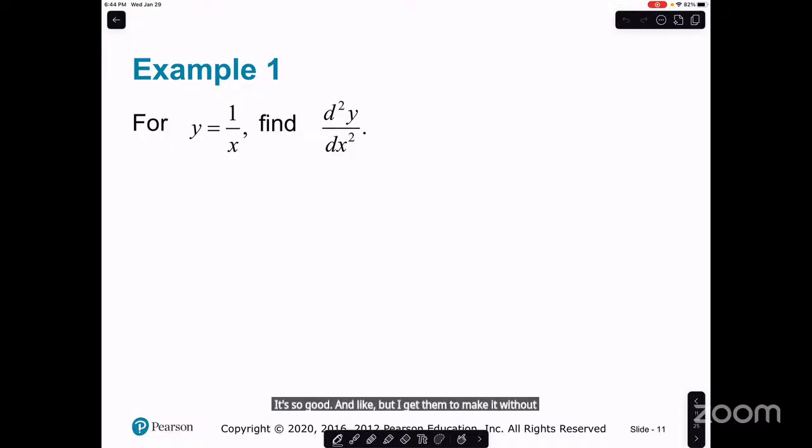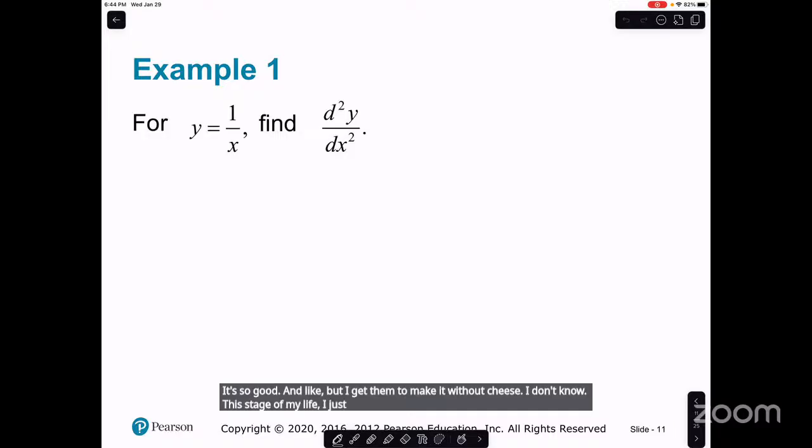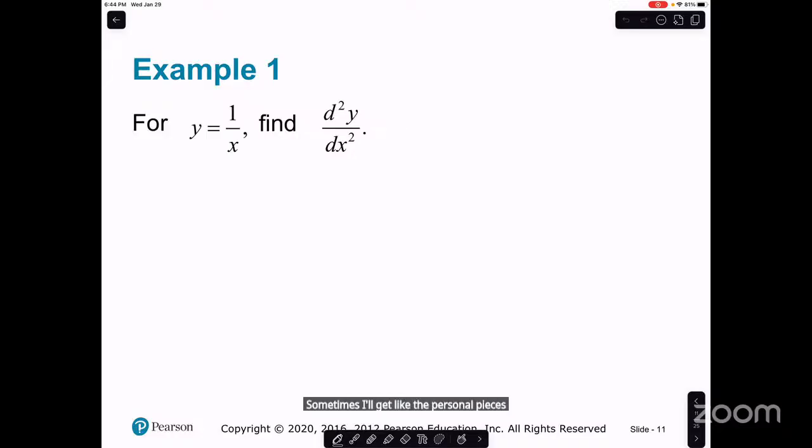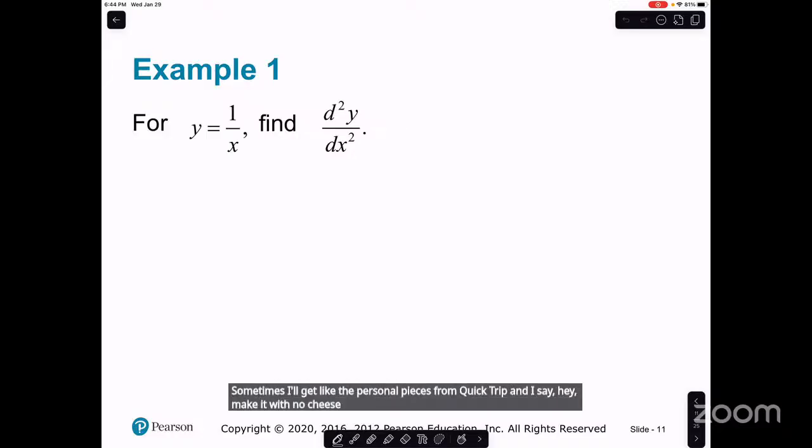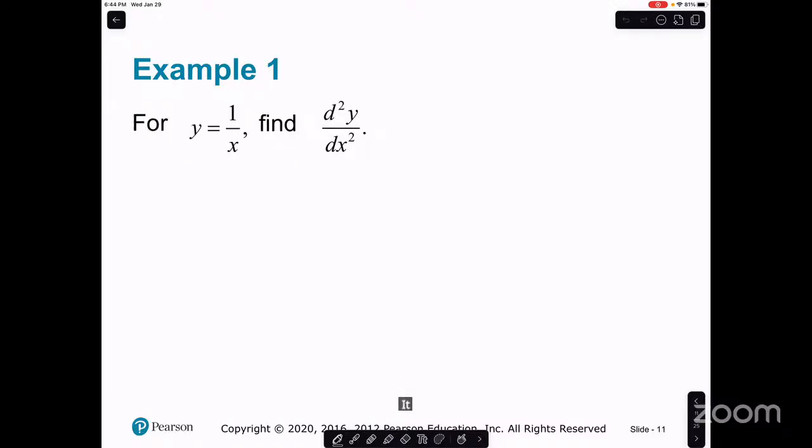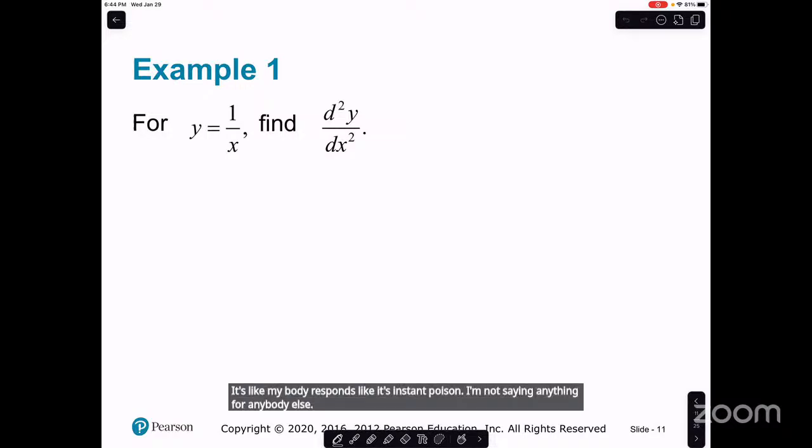At this stage of my life, I've been avoiding cheese, and it still had a little bit of dairy, but I can't do cheese like that. Sometimes I'll get the personal pizzas from QuikTrip and say, hey, make it with no cheese. It gets the job done, but something about the cheese is like my body says no. My body responds like it's instant poison. I'm not saying anything for anybody else, I'm just saying for me, I can't do cheese anymore.